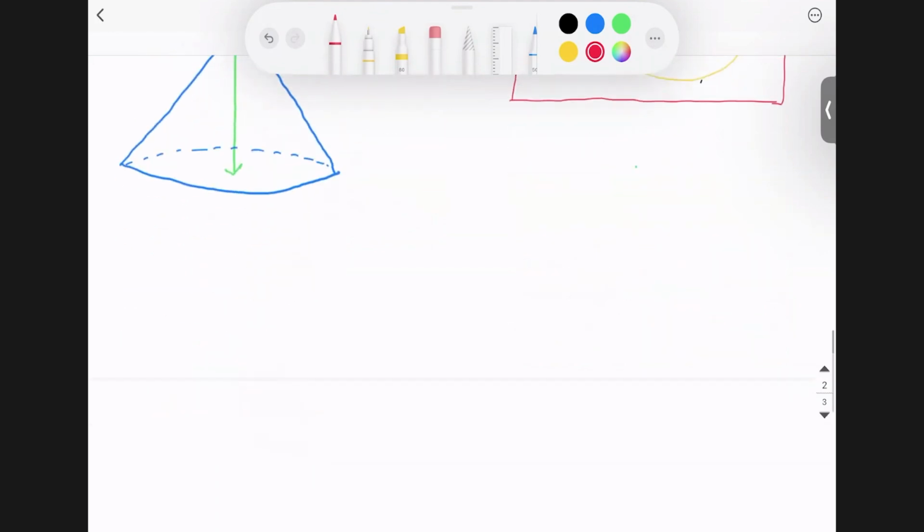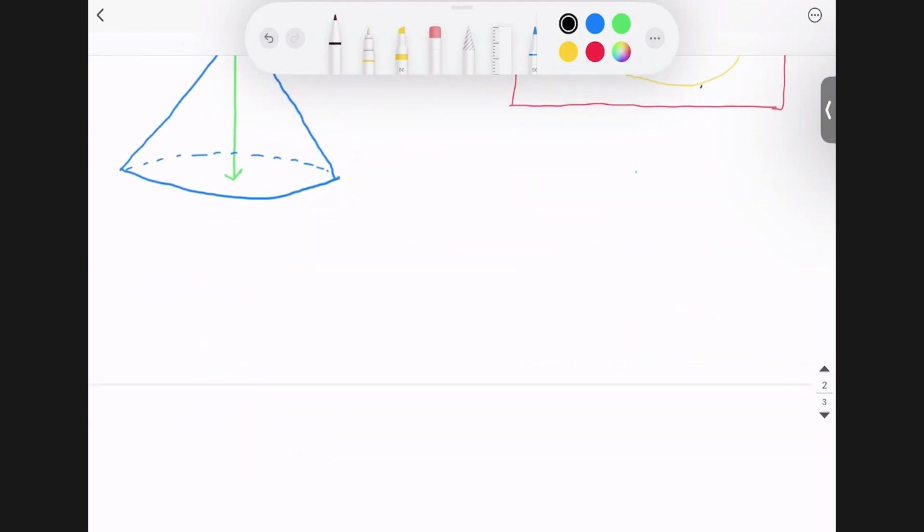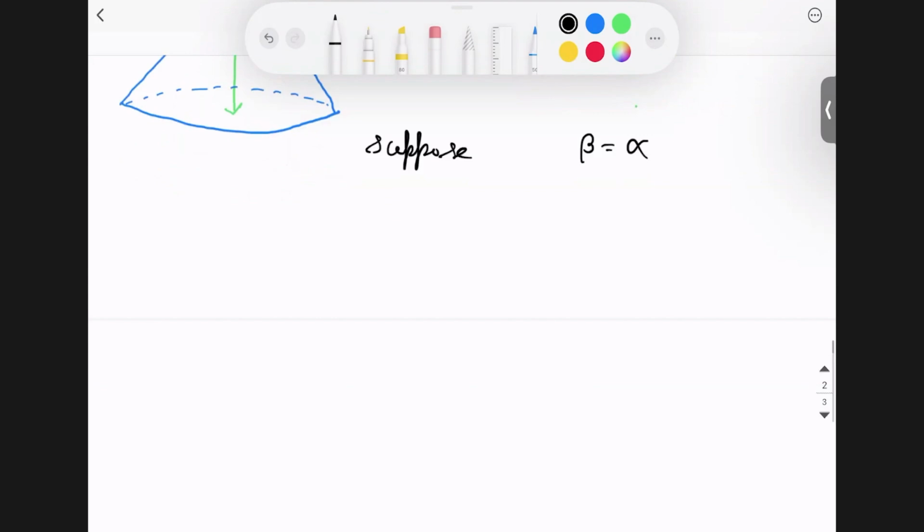Now, what if beta equals alpha? Beta and alpha are the same. Okay, in that case, what will happen?